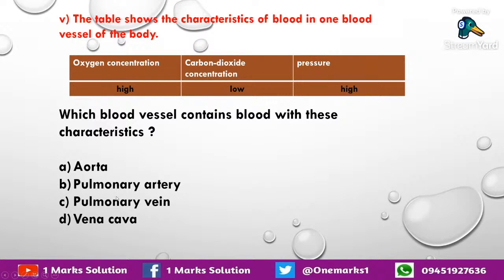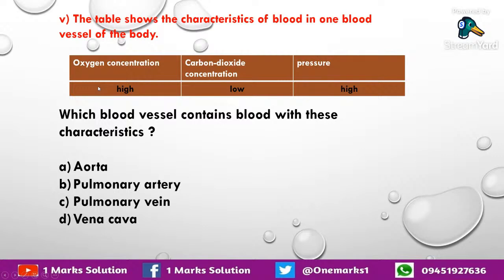Let's look at the other options. Pulmonary artery is the one which takes deoxygenated blood to the lungs. So if the blood is deoxygenated, oxygen concentration is going to be low. So this cannot be the answer. Pulmonary vein brings the oxygenated blood from the lungs.